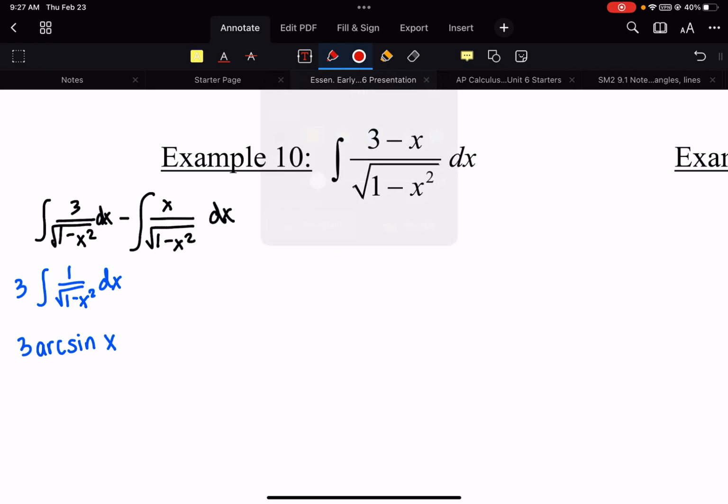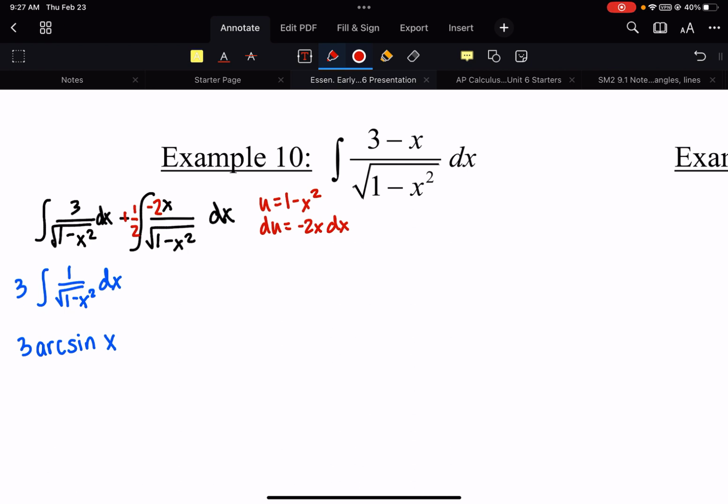This second integral, we're going to need to do a u sub for. So u is 1 minus x squared. Du is negative 2x dx. So I need this to be a negative 2x, which means I need to put a negative 1/2 in front.